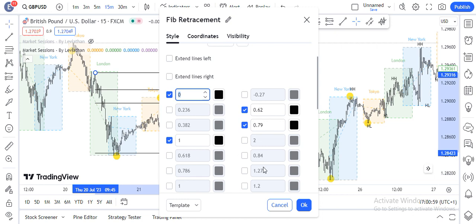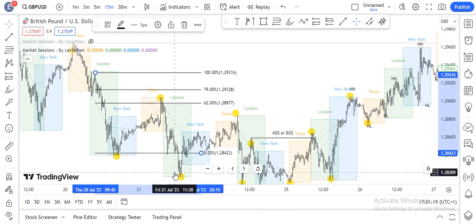I'm going to show you a little example so that you see how the Fibonacci retracement tool works. We're going to be drawing our Fibonacci retracement tool from high points to low points when we want to sell, and from low points to high points when we want to buy.